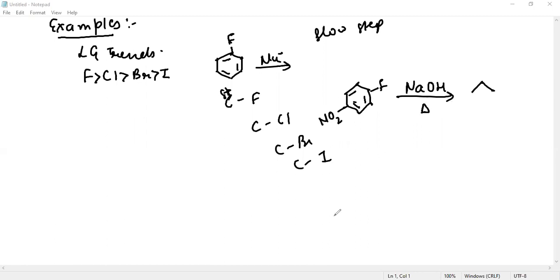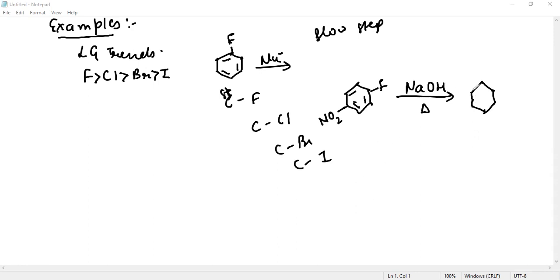What would be the result of this reaction? So let me draw it in a similar way.